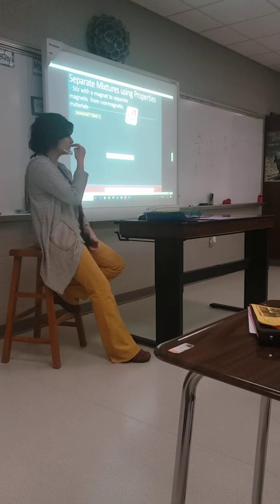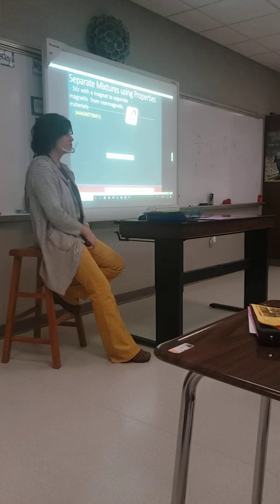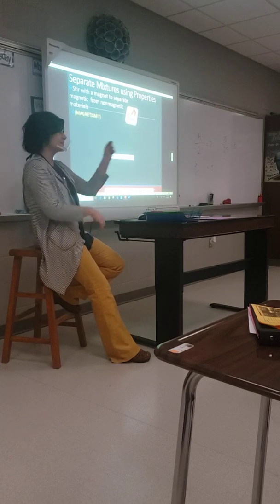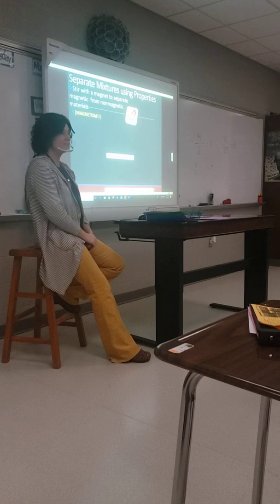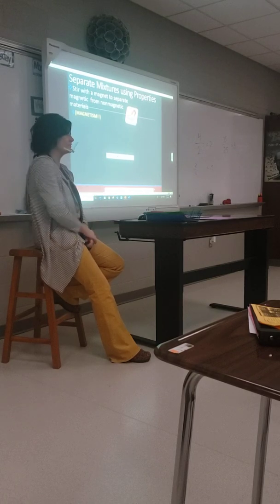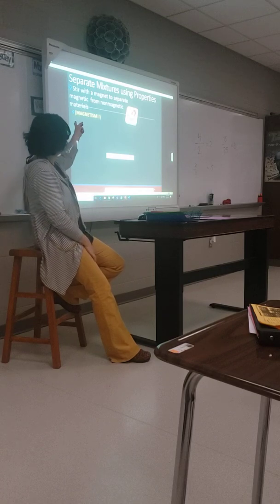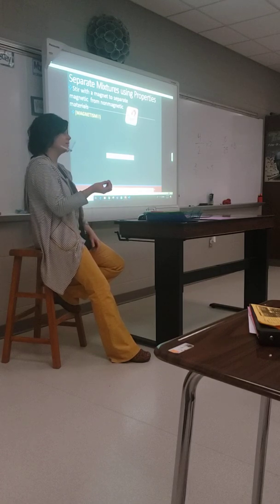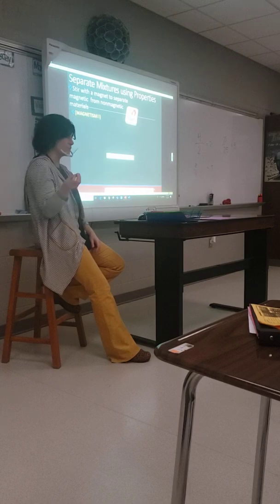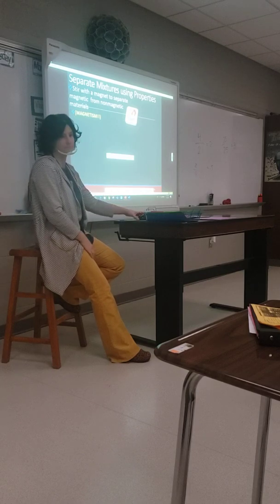You'll be able to visibly see differences, but I don't want you to just say, there's that, there's that. You're going to have to tell me what physical property you used to get that thing out of the mixture. So if any of the things are magnetic and you have a magnet that can pull them out, you use magnetism.